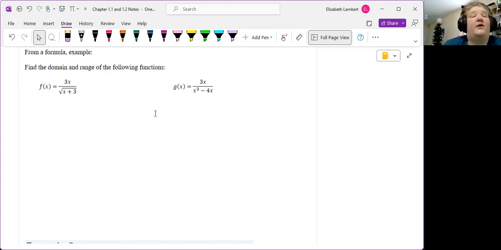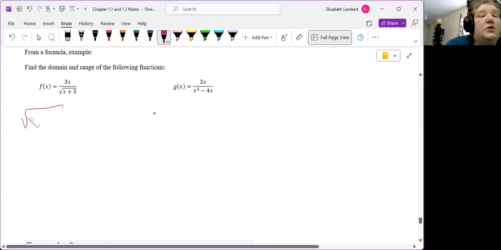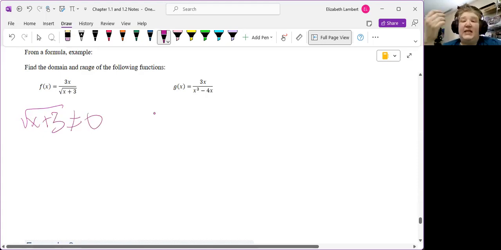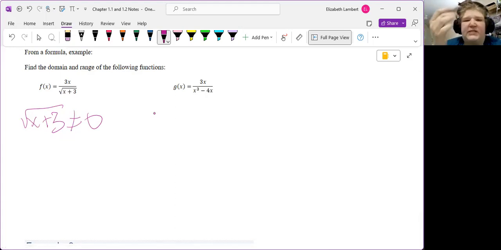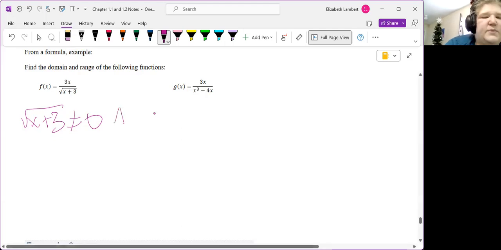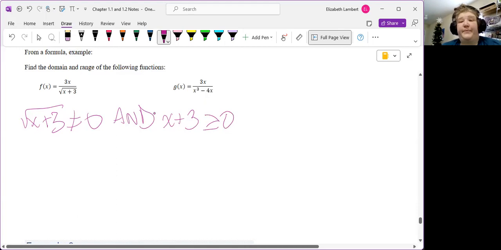But this guy here, our first one, the domain at least. So my denominator, I'm dividing by something, so that something cannot be 0. That's my first restriction. So square root of x plus 3 cannot be 0. And then that square root is a square root. So we can't put negative numbers inside a square root. So we also have, and, x plus 3 is greater than or equal to 0.